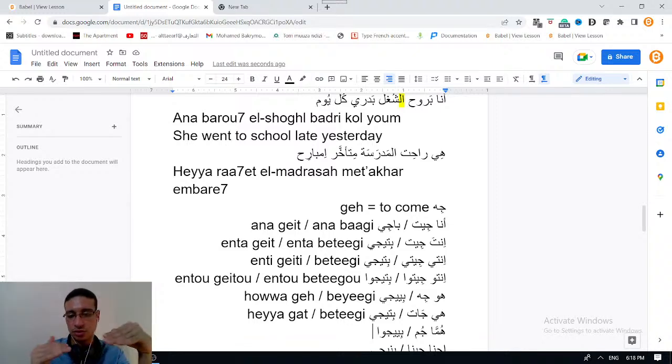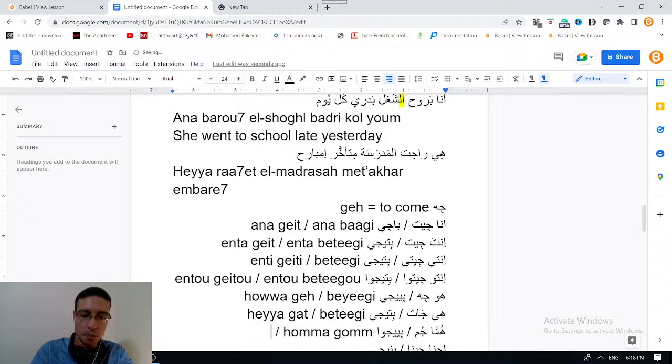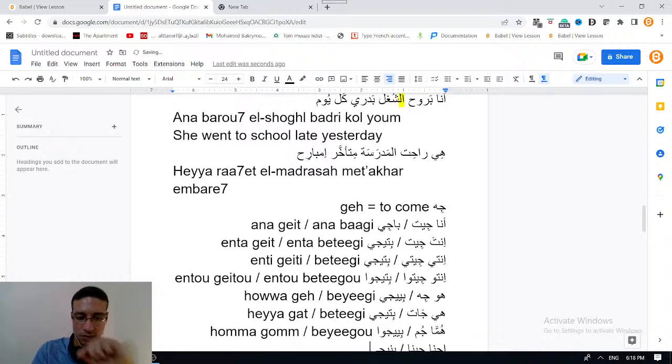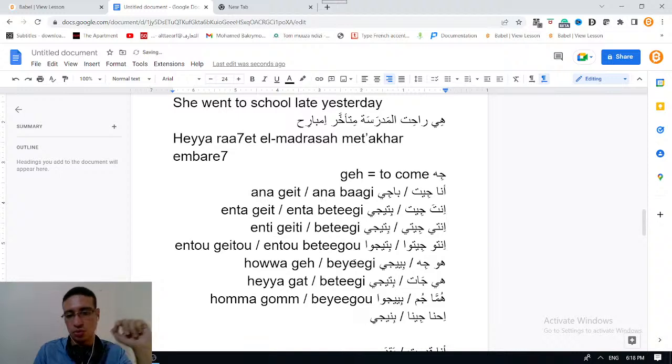انت and انتي, the conjugation for them is different. انتي always ends with e, but the conjugation of this verb ends with e for both of them, so they have the same conjugation. So هما, they came, هما جم. أو هما بيجوا, هما جم, هما بيجوا.